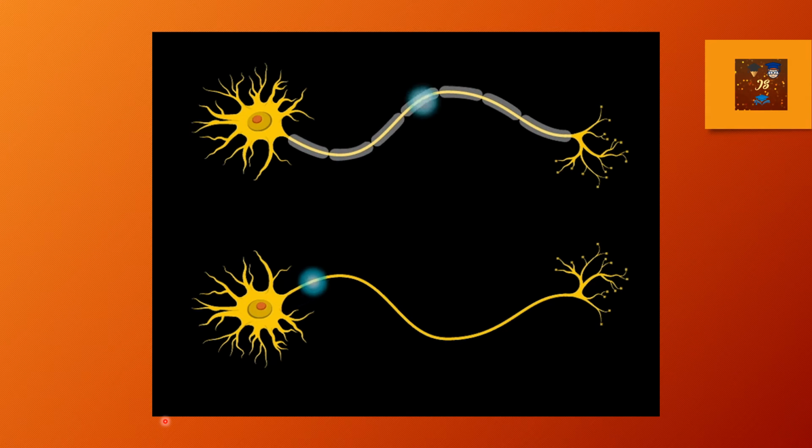Now you can see how the impulse is going so fast from the first neuron, as the myelin sheath is present there. And in the next one, definitely the stimulus is going, but it takes a little bit of extra time. That is the basic difference.